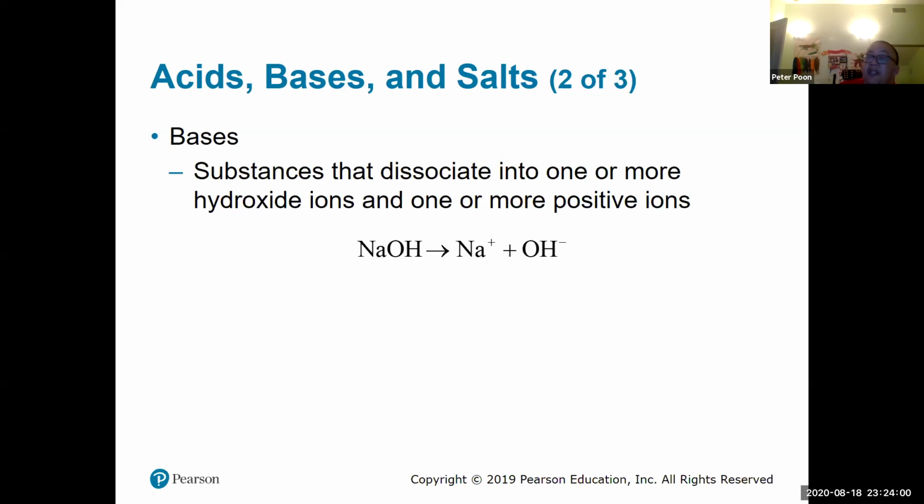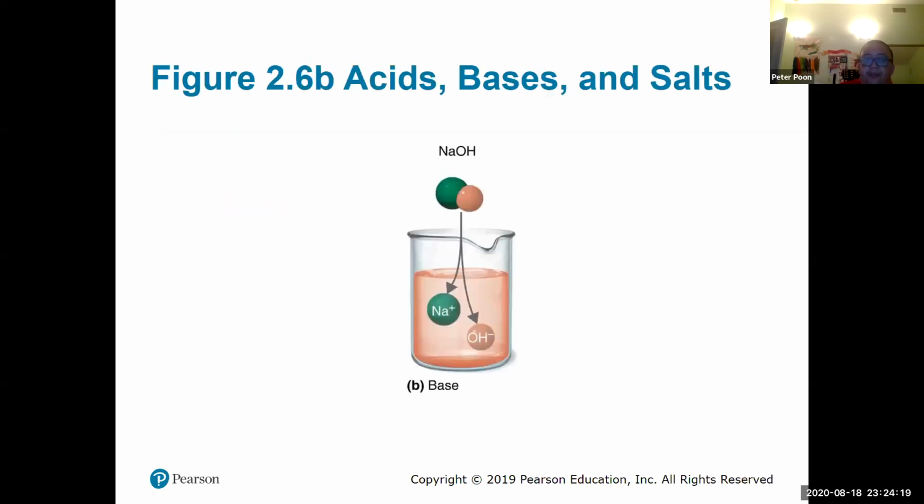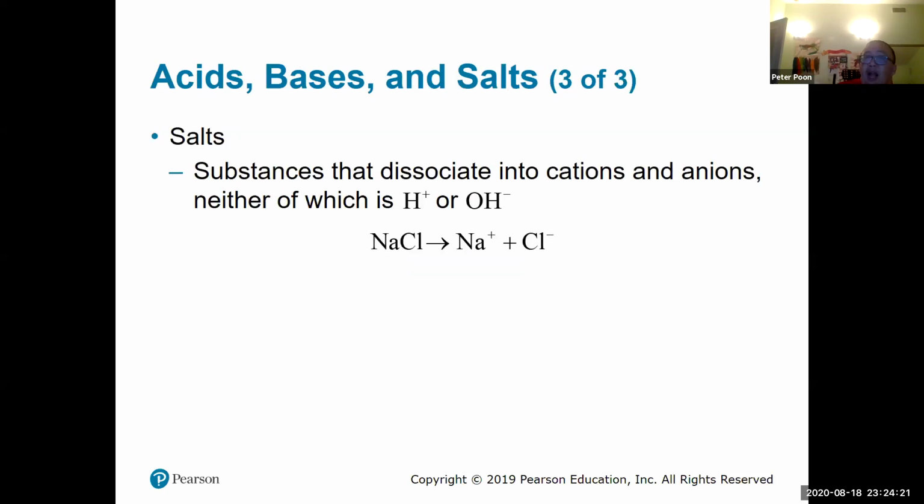This is a slightly different definition in pure chemistry, but you don't need to know pure chemistry. This is microbiology. For microbiology, bases are things that add hydroxide ions. When you add an acid to a base, one adds hydrogen, one H plus, one adds OH minus.